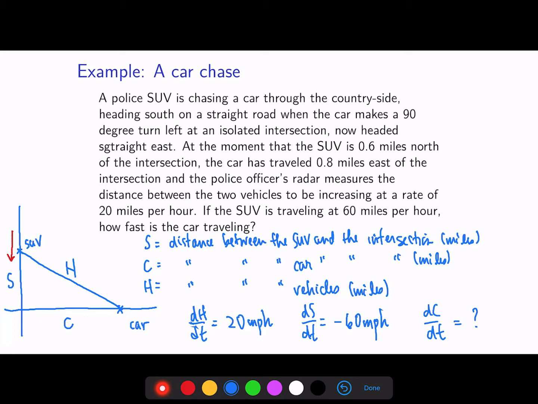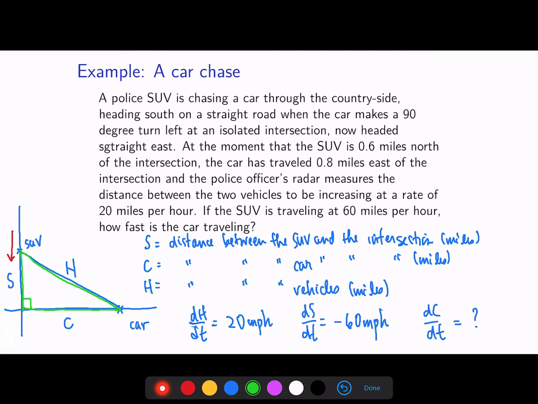We need an equation that relates the variables that we have here in a way that allows us, through implicit differentiation, to get an expression for the derivative of H, the derivative of S, and the derivative of C. Looking at our picture, you can see there's a triangle here that's a right triangle.